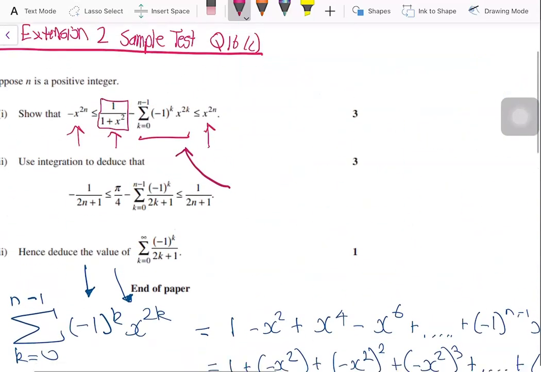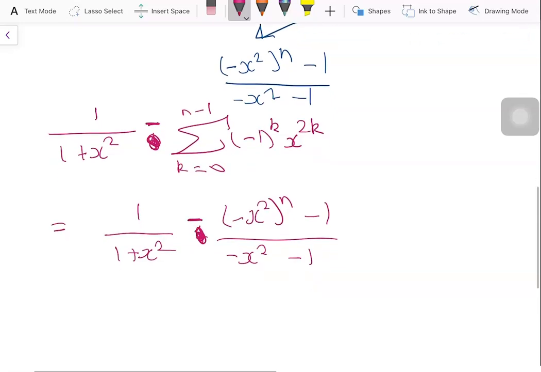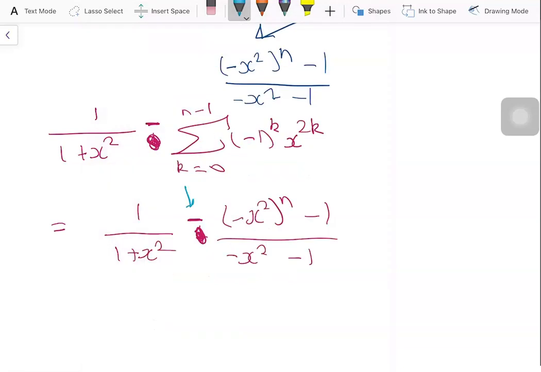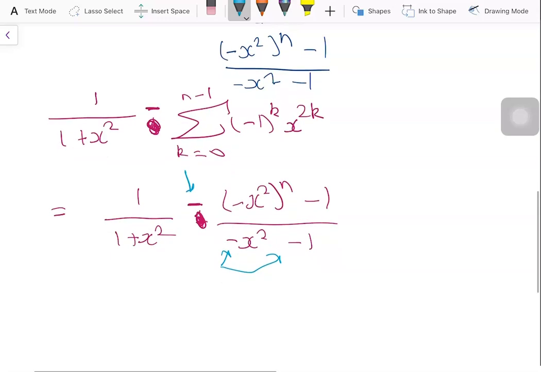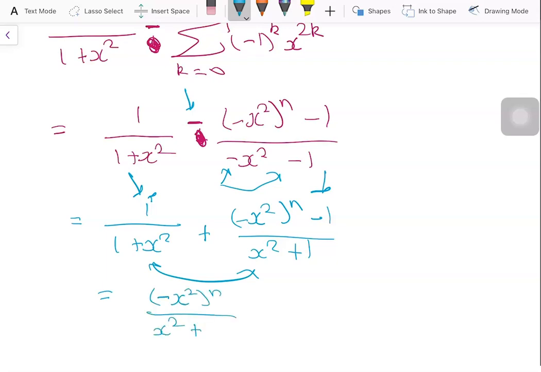Or in fact, I should say a minus sign, so that's a slight mistake. So we have a minus sign here. Now we can cancel out these two instances of the minus sign, so we can instead rewrite it as plus negative x squared to the n minus 1 over x squared plus 1. Now, you see we have common denominators, so the 1 and the minus 1 will cancel out to get negative x squared to the n over x squared plus 1.